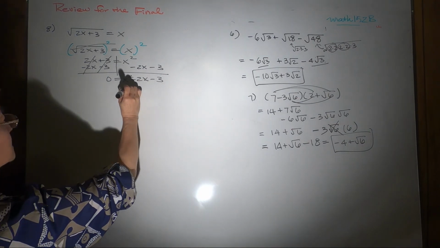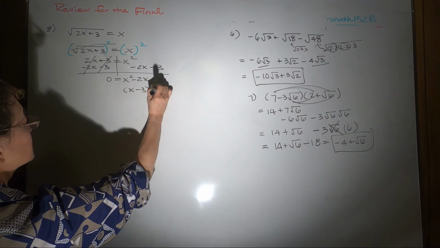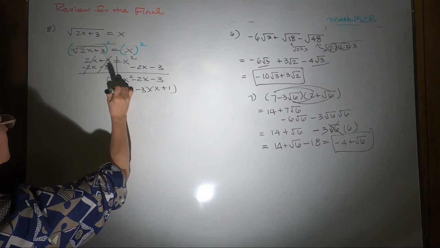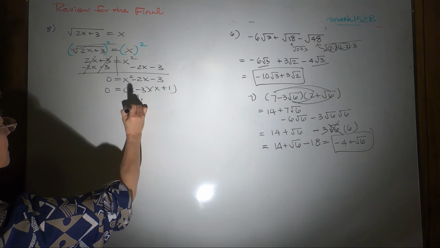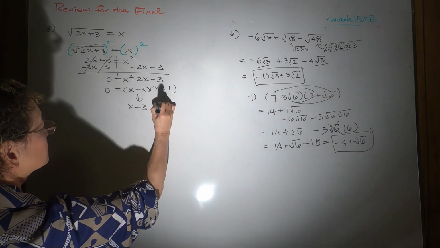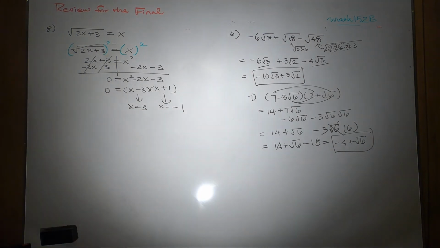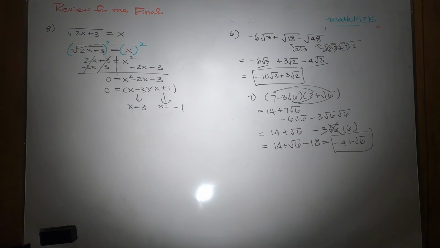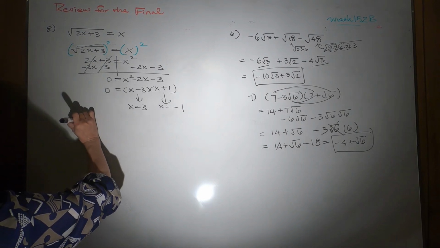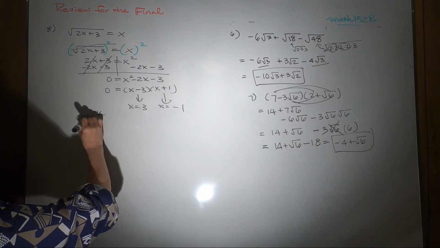Then we factor it, it becomes (x minus 3)(x plus 1), right? Then what do we have? x is 3, x is what? Negative 1. So another thing we need to check is what? Because they are crazy numbers, for those radical equations, we have to check to see if we can use the answer.